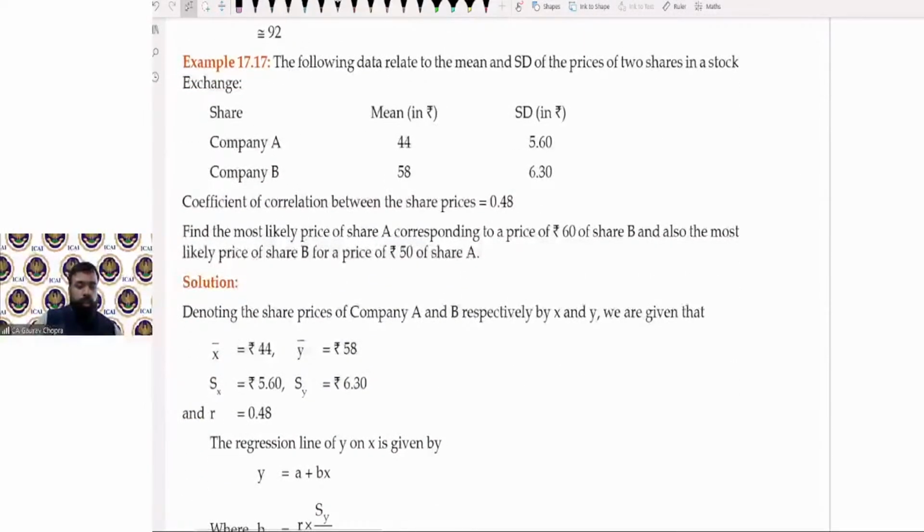Now let's do this 17th one. The following data relate to the mean and standard deviation of the price of two shares in a stock exchange.